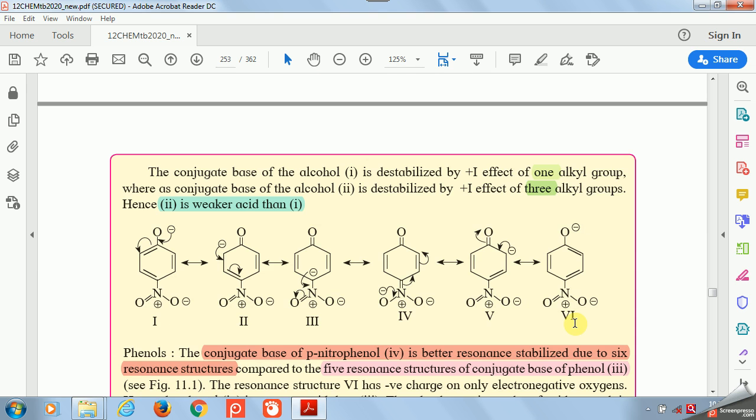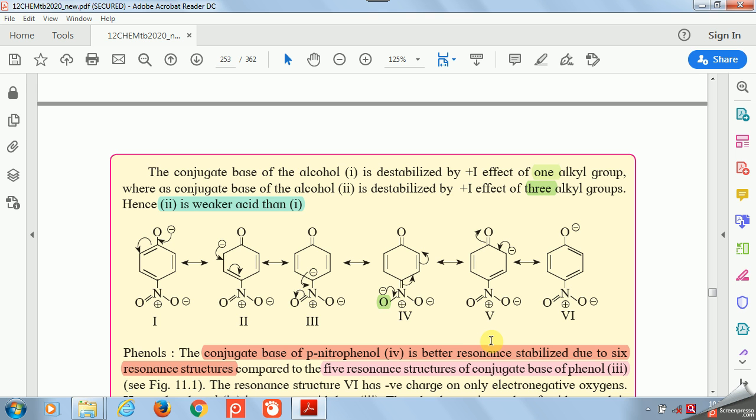Here if you observe structures 3 and 4, this oxygen shares that negative charge. In structure 4, this oxygen is carrying the negative charge. So one more structure is involved in the stabilization of that negative charge.